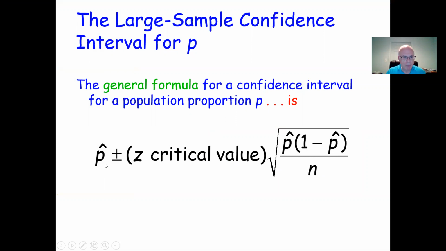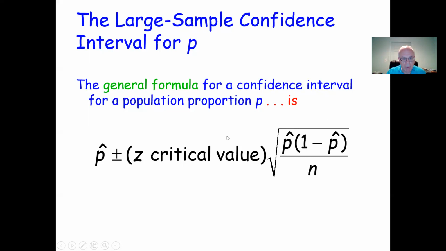So what did we do? We selected a sample, came up with our sample proportion, and that was our point estimate. And then we added and subtracted what's called the margin of error. This is this whole thing on the right here.